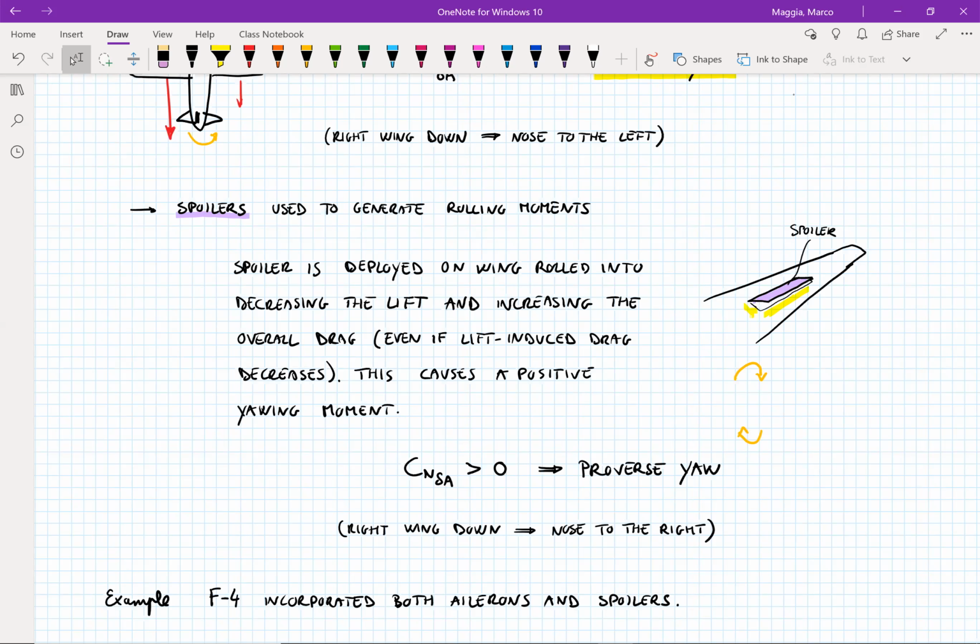Therefore, the resulting yawing moment is positive. This is a positive yawing moment. Therefore, we have a proverse yaw. In other words, if we are using spoilers, a right wing down means that the nose starts pointing to the right.